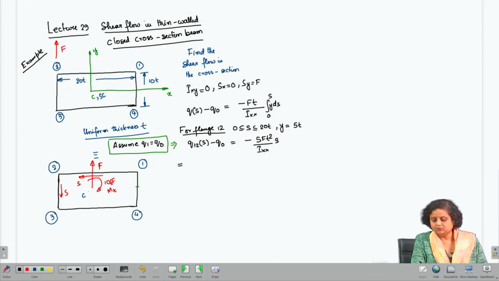Therefore, q12(s) can be written as q0 minus 5F t square s by Ixx. This is an equation which I have to note down.